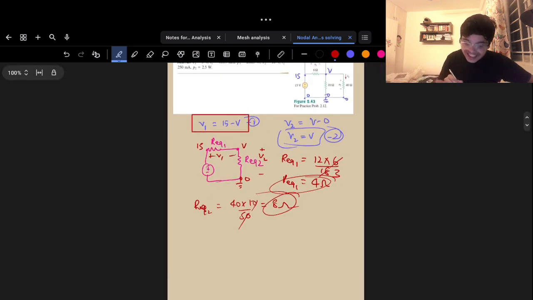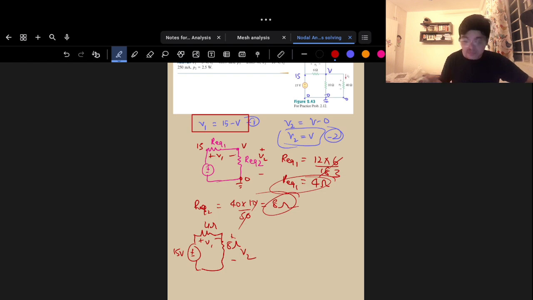So my equivalent circuit will look like this. This is my 15 volts, this is my 4 ohms, and this is my 8 ohms. This is my V1 and this is my V2.